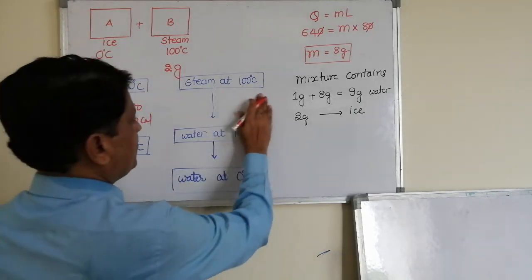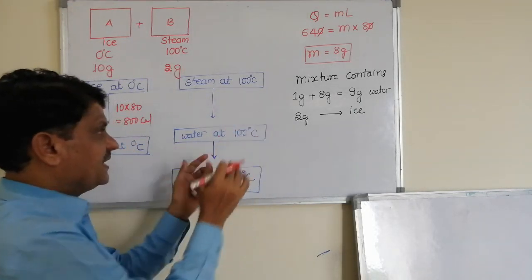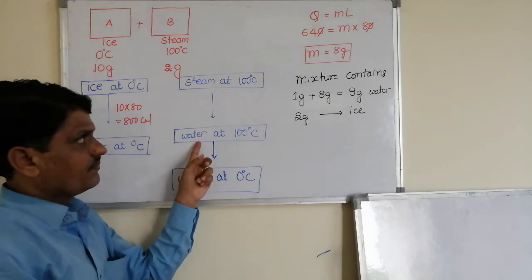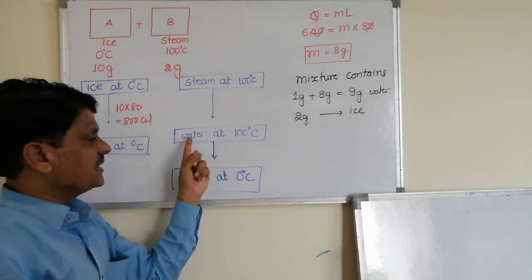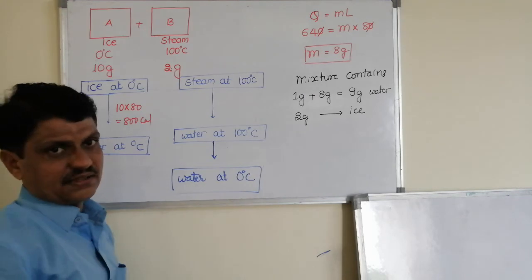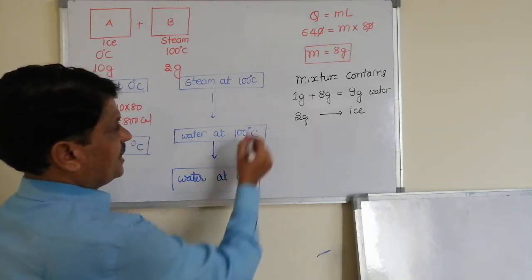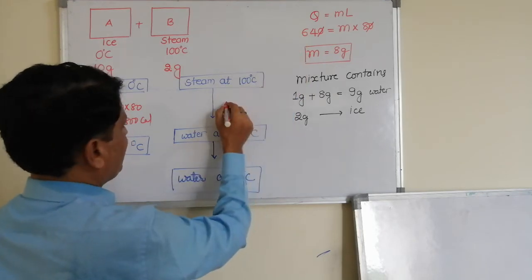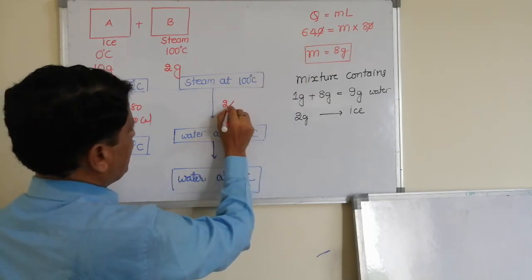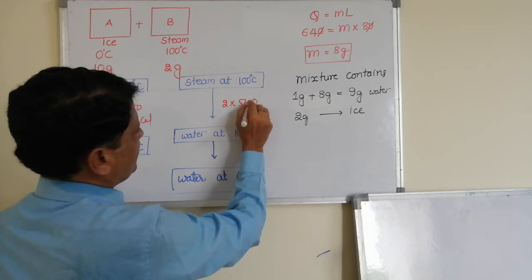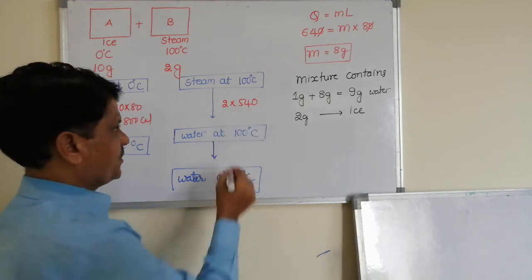Steam: when it is condensed, steam becomes water. Steam at 100 degrees Celsius to water at 100 degrees Celsius means no change in temperature. Therefore, formula Q is equal to mL. M is 2, L is 540, latent heat of vaporization.